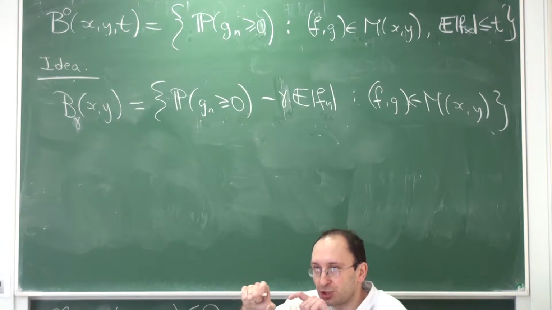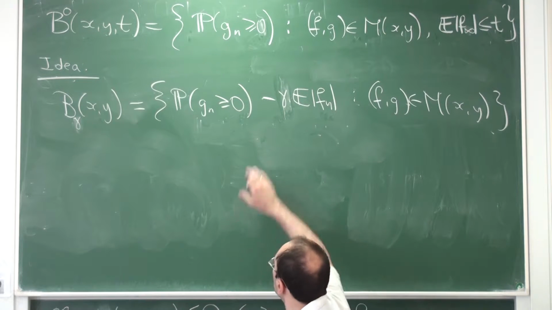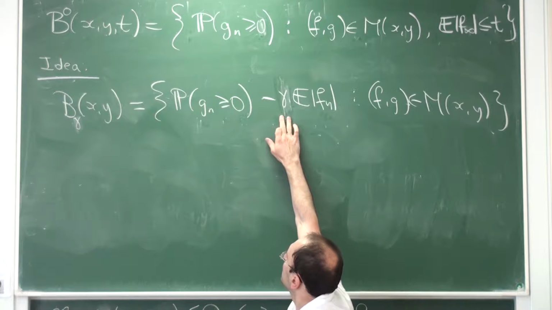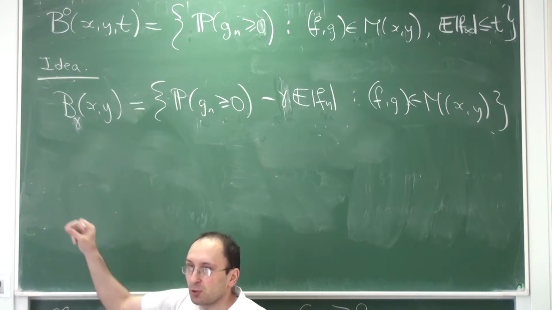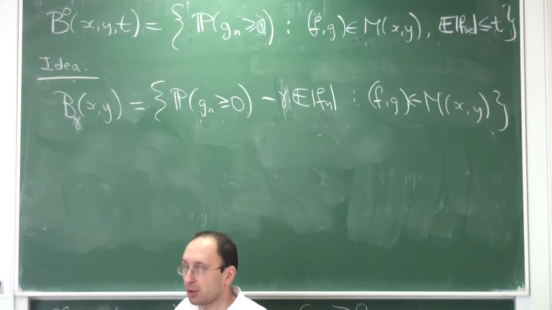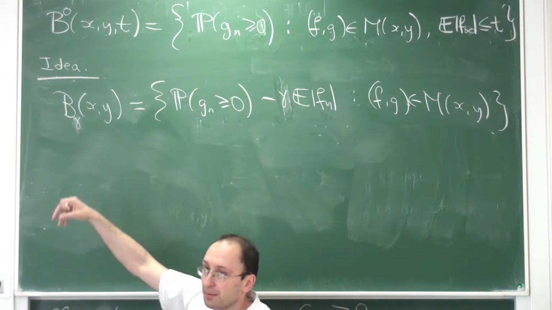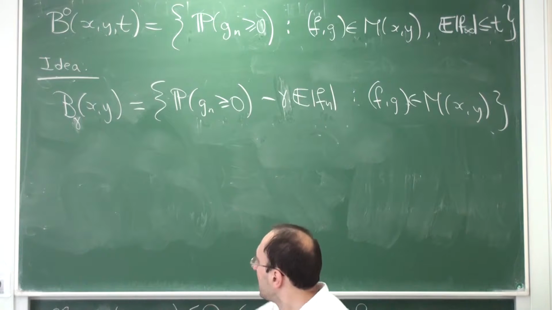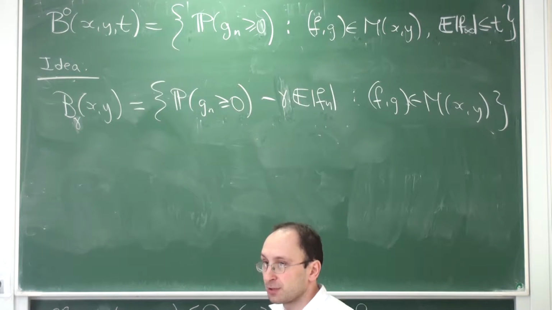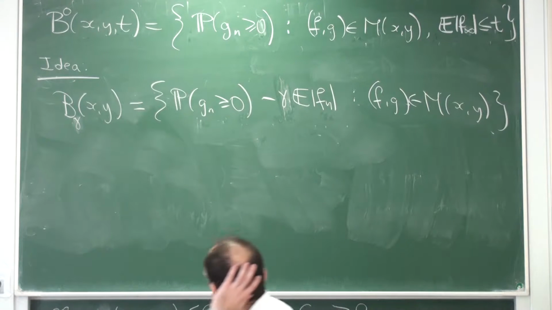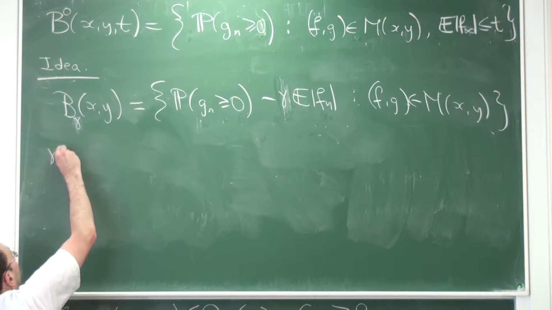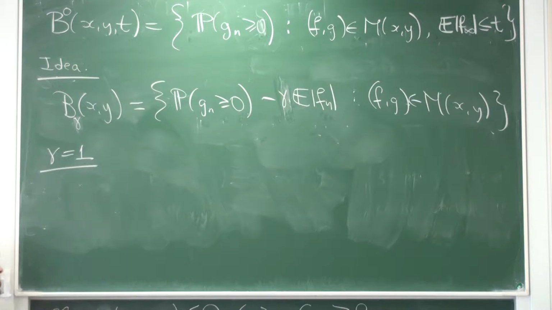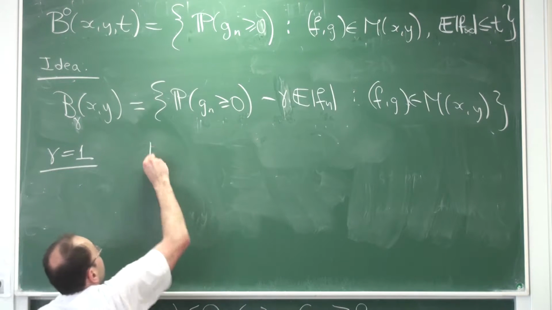So by this homogeneity, it suffices to find this simpler Bellman function for gamma equal to 1, and all the other Bellman functions corresponding to other gammas will be obtained by homogeneity arguments. So we take gamma equal to 1, and we study this problem.